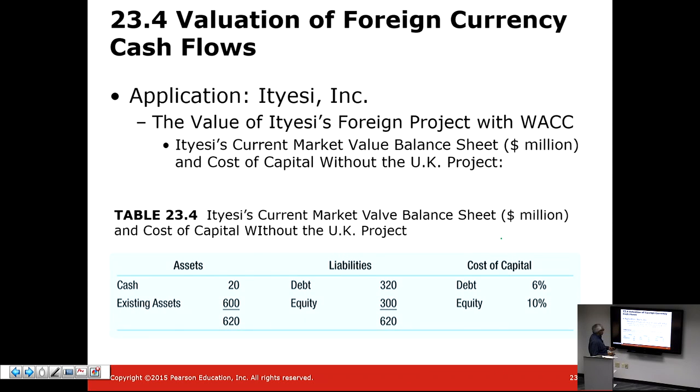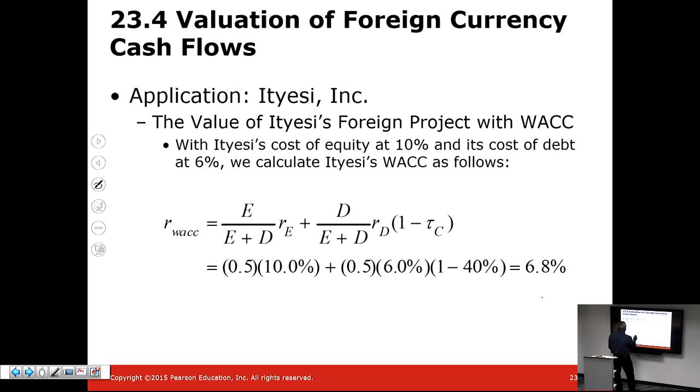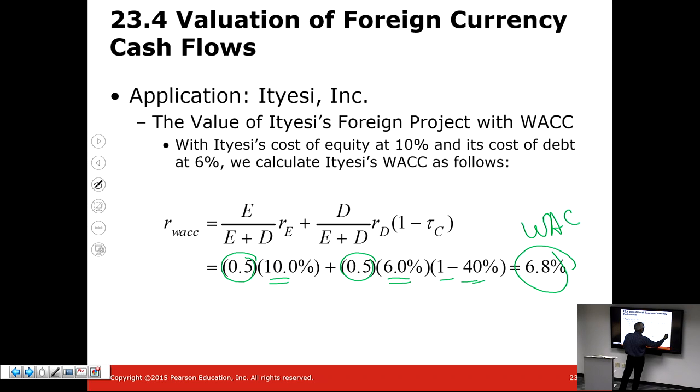So that's what we do over here. Based on the balance sheet, we get debt, equity, total value. So cost of capital for debt, cost of capital for equity. Then I have the proportion of equity multiplied by cost of equity, proportion of debt multiplied by cost of debt, times 1 minus the tax rate. That's my weighted average cost of capital in dollar terms.